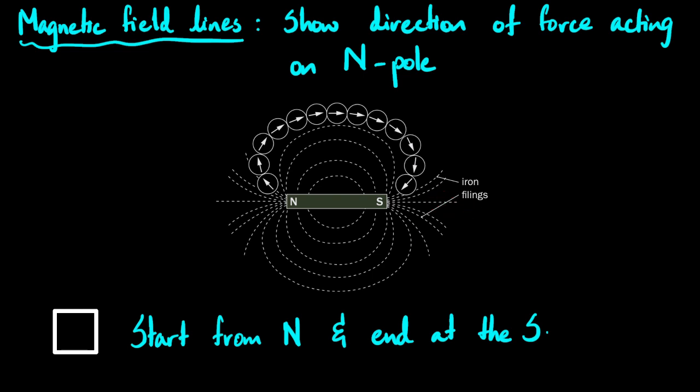Or what you can also do is use a plotting compass. So you start from some pole. Let's say you start from any pole, you mark the position of the compass. So you place a dot at the starting point.